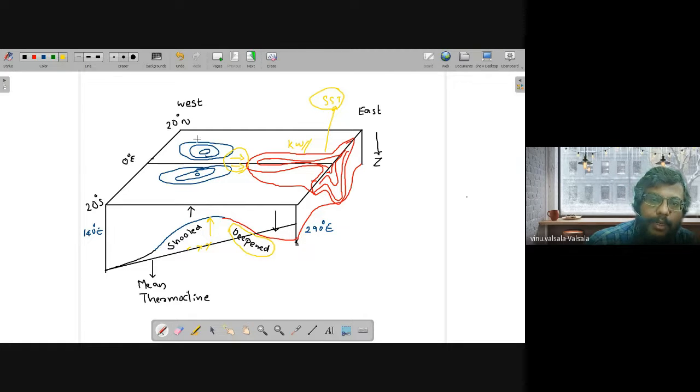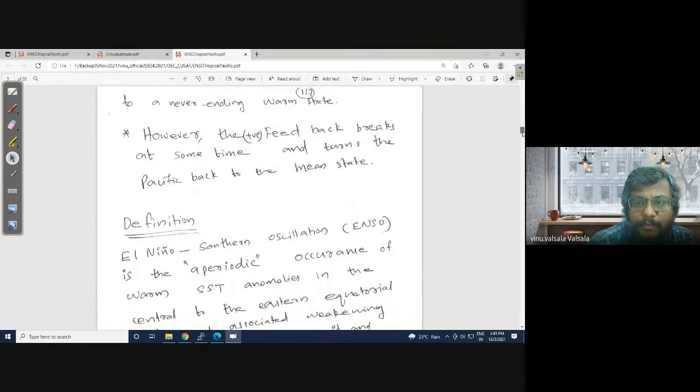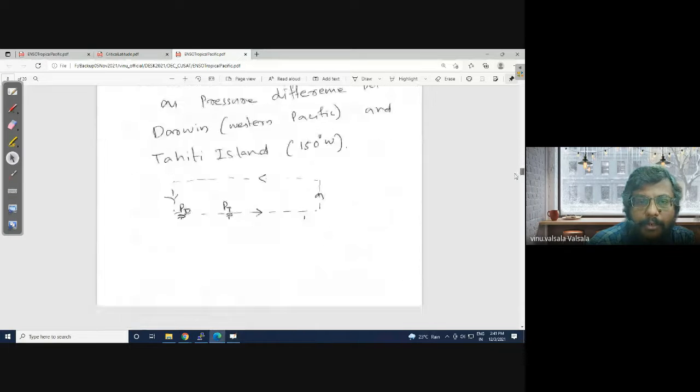This negative Rossby wave, which has a cooling effect because it's a thermocline shoaling effect, comes back as the Kelvin wave, which quickly comes back to the center, and this can interact with the already existing positive SST anomaly here, so they can kill each other. So this understanding of the tropical dynamics is so essential to describe El Nino, especially the delayed oscillator theory of El Nino. Now we can describe these descriptive points in the form of an equation.